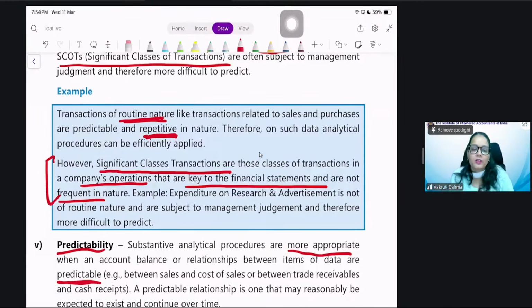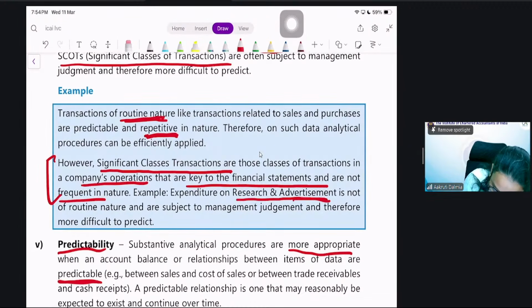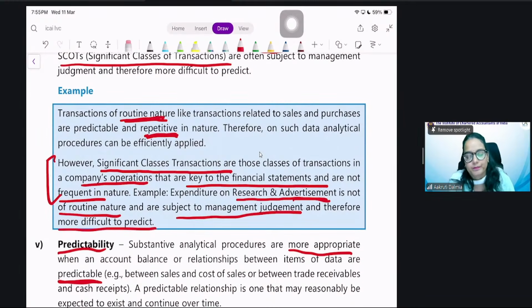If something is one of the most important transactions to run that company, will I use only analytical procedure? No. Expenditure on R&D or advertisement is not of routine nature.